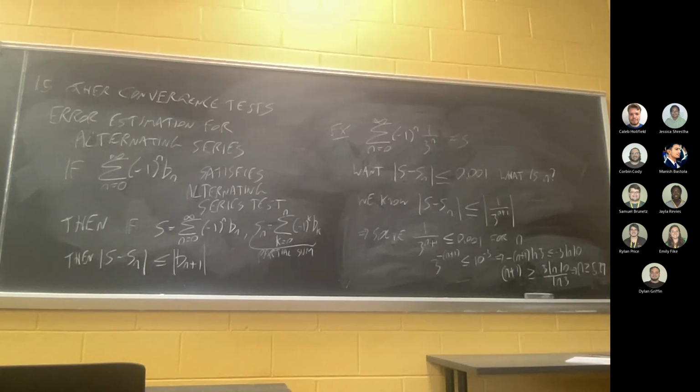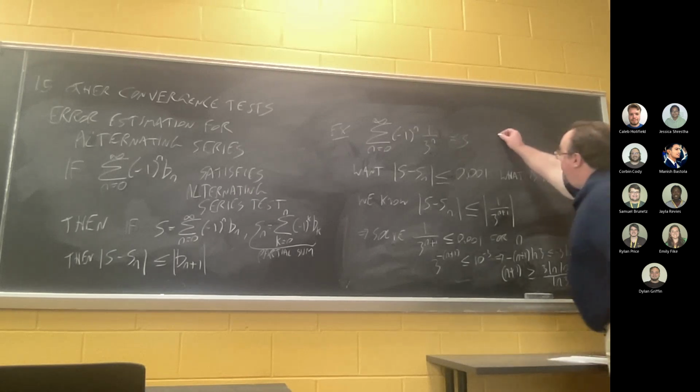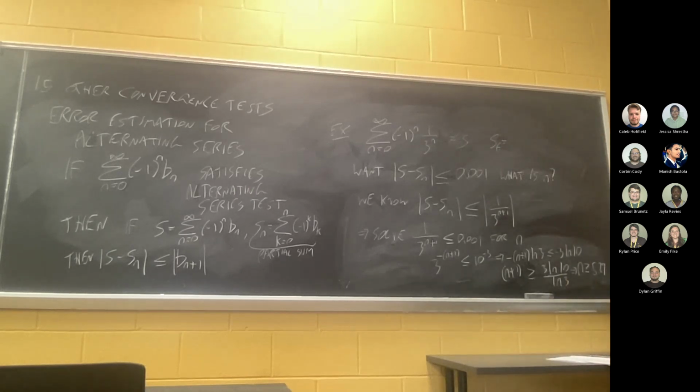So as long as, if I look at S6, that's the partial sum that I need. I need to round this up to the next integer to be sure. So S6 would be 1 minus 1/3 plus 1/9 minus 1/27 plus 1/243 minus 1/729, that's 0, 1, 2, 3, 4, 5.